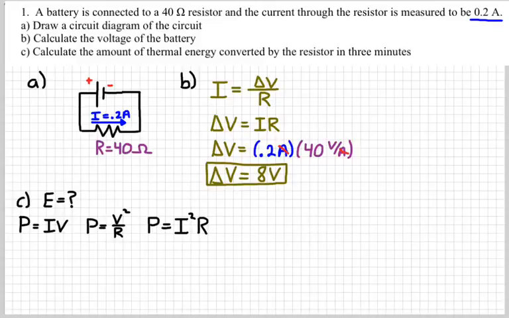So again, that's just combining Ohm's law with this equation and getting it in a couple different forms. And then the other thing that we have to realize is that power is still energy change over time, meaning that the energy change is just power times time.